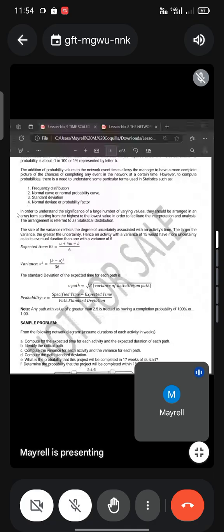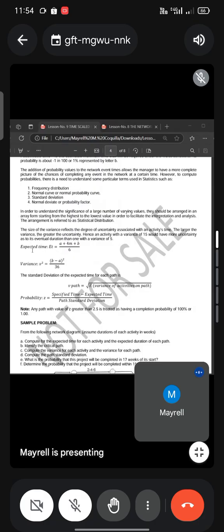The size of the variance reflects the degree of uncertainty associated with an activity type. The larger the variance, the greater the uncertainty. Hence, an activity with a variance of 15 would have more uncertainty as to its eventual duration than one with a variance of 5. So, we have here the formulas nga gamiton na ta.